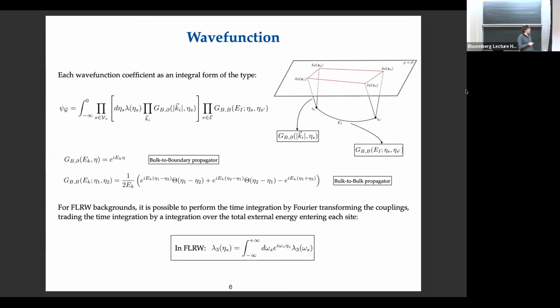In general, in flat space, you can just integrate out time and you'll get a rational function. For conformally coupled scalars, you do a Fourier transform and just have an integral over a rational function. And from now on, I'll be talking about the flat space wave function, but keep in mind that we can relate it to other models in this way.